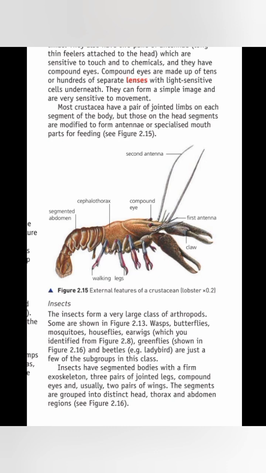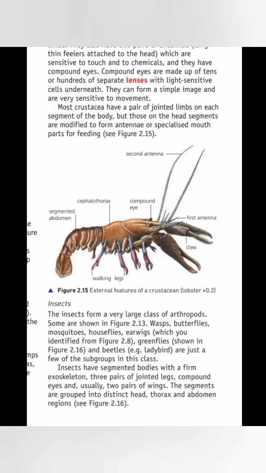Most have one pair of legs on each body segment, so their body is divided into segments, and each segment has one pair of legs. The mouth parts are modified for feeding.